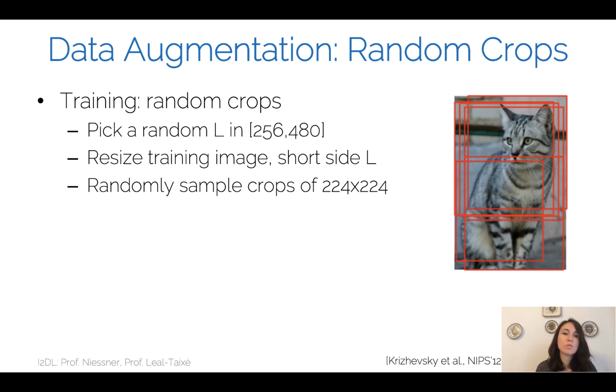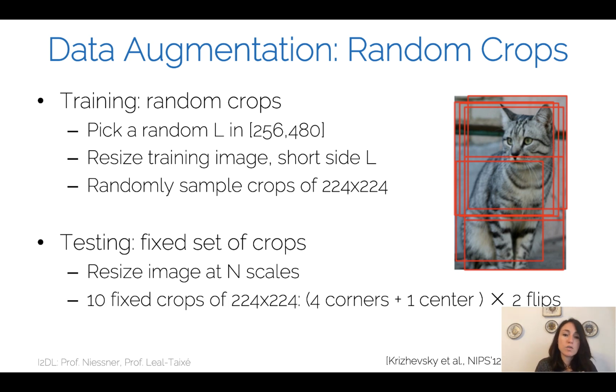So here is one way of doing random crops, where you actually pick a random variable, you assign one value, and you resize the training image such that the short side is of the length L of this value that you have chosen before. And then you randomly sample crops of 224 by 224. Again, this is the input that AlexNet needed, so this will depend, of course, on your neural network.